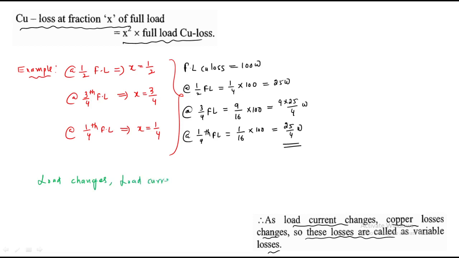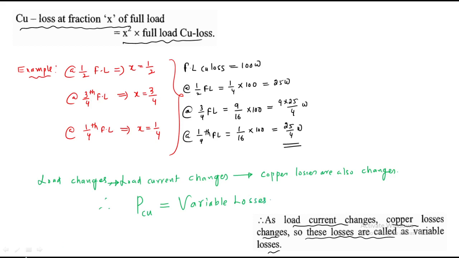Therefore, if load changes, load current changes. If load current changes, copper losses also change. Therefore, copper losses are also called variable losses.